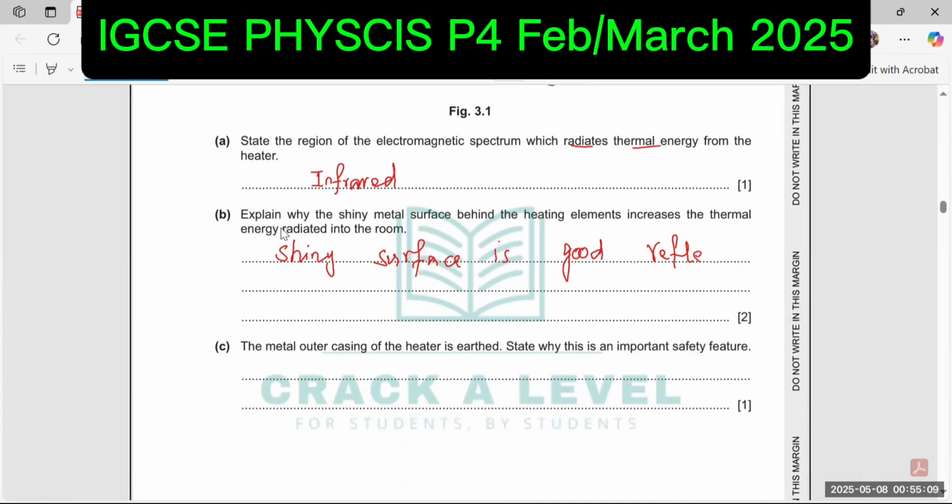So that's why the shiny surface is being used in heaters. There are 2 points. The second point should be why we use the shiny surface: the shiny surface reflects radiations in all directions.